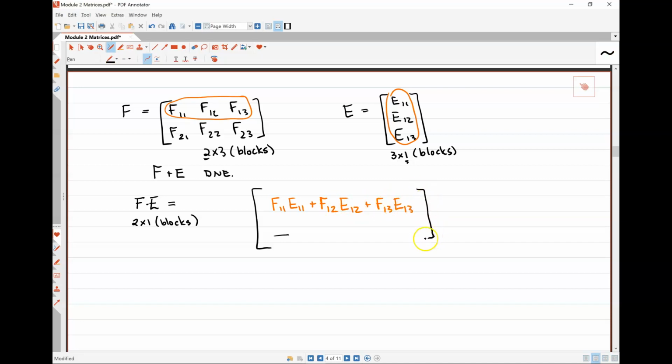The other entry we need to fill out is the second row, first column. So second row, only column. And so we get F21 E11, plus F22 E22, plus F23 E13. Oops, that should be.